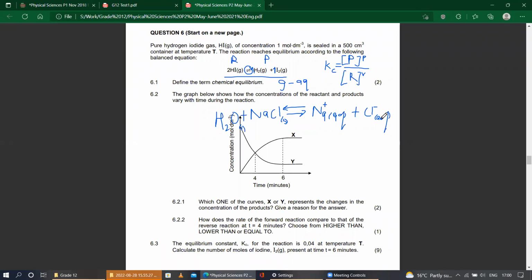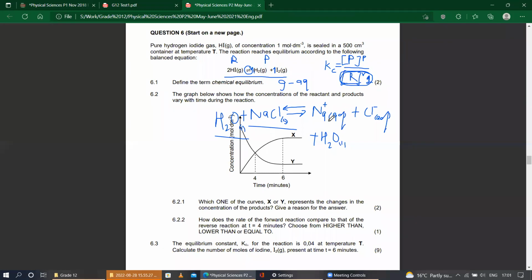I'm sorry, but this Q is terrible. Then plus H2O liquid. So when it comes to our chemical equilibrium, since water is a liquid and NaCl is a solid, there's nothing in the reactants, so it's just going to be 1. Because this is a solid and this is a liquid.